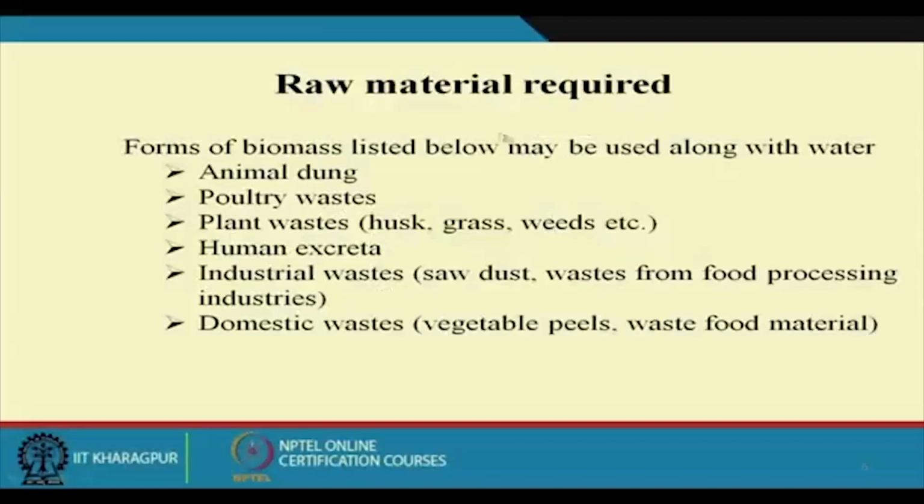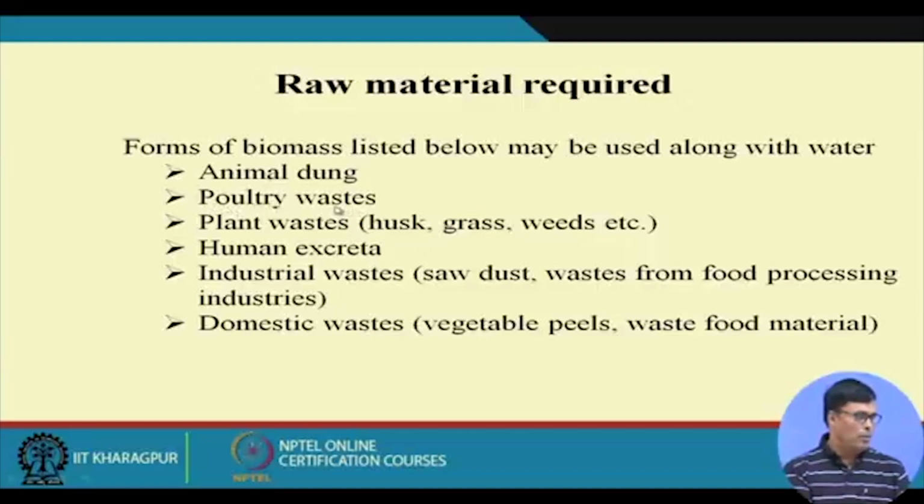The raw materials used for this particular process are animal dung, like cow dung, of which we have a lot. Then poultry waste: I discussed how one particular family in some city was able to run his poultry farm despite public opposition, because anaerobic digestion removes all the bad smell generated by this waste, because this is a closed chamber.